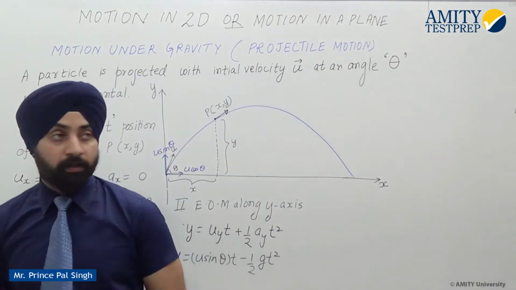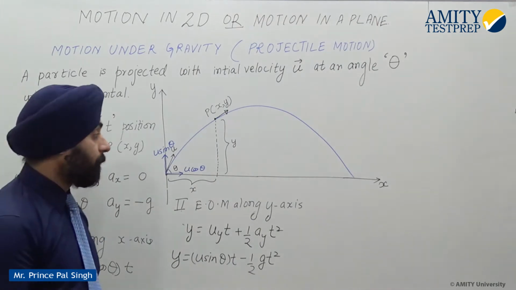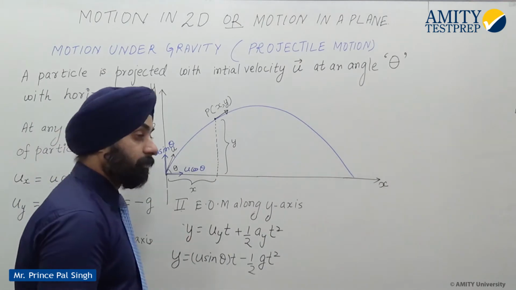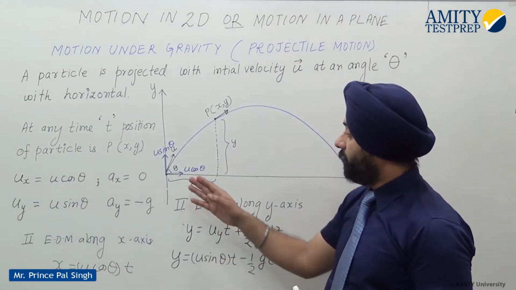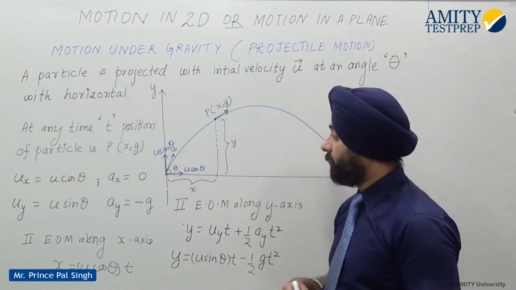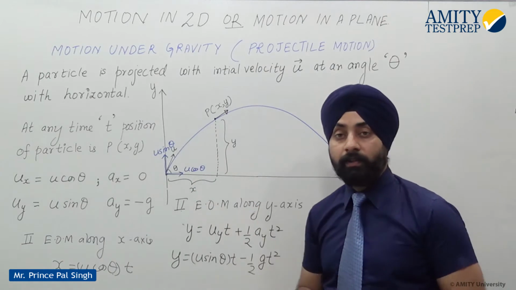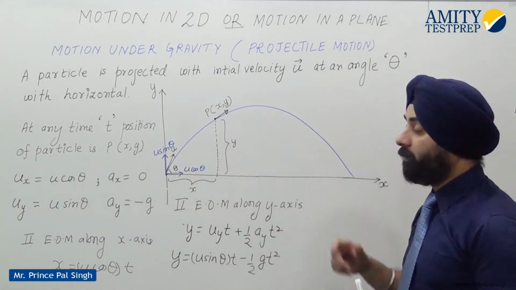A particle is projected with an initial velocity u at an angle theta with the horizontal, and we resolve the velocity as the horizontal component u cos theta and the vertical one u sin theta. The particle is moving on this path.